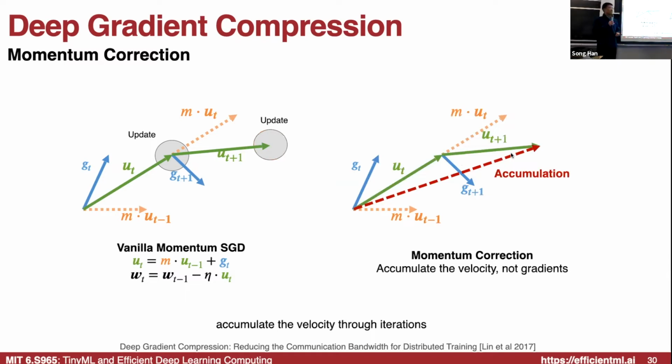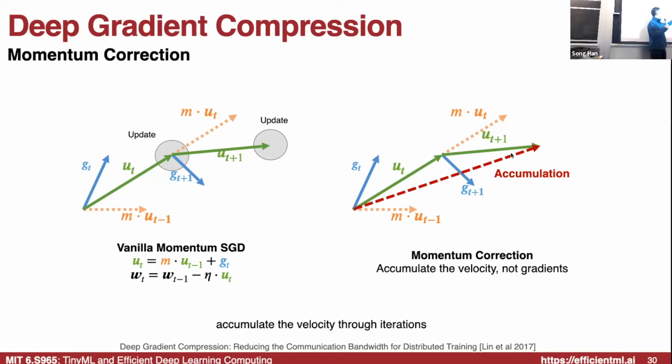So instead, how do we solve this problem? What should we accumulate? We should actually accumulate the velocity, the green vector, rather than the gradient. We shouldn't accumulate the gradient, but we should accumulate the velocity.